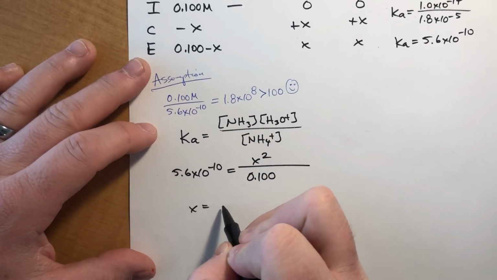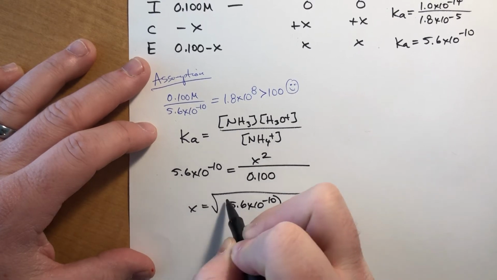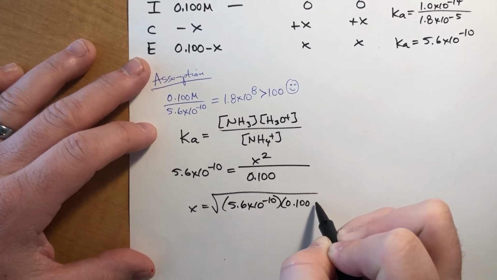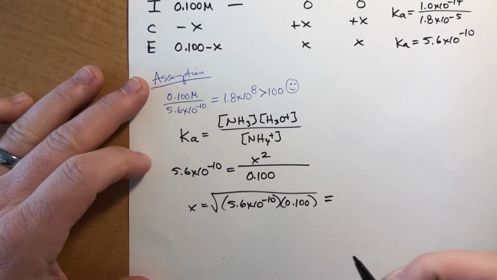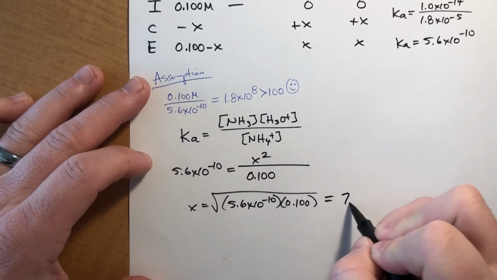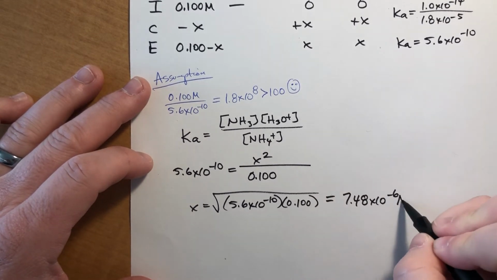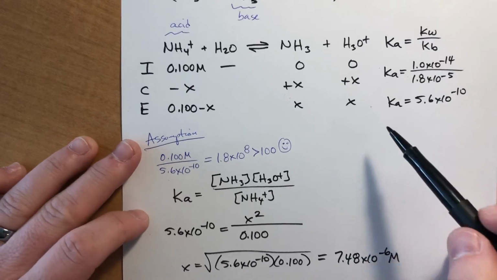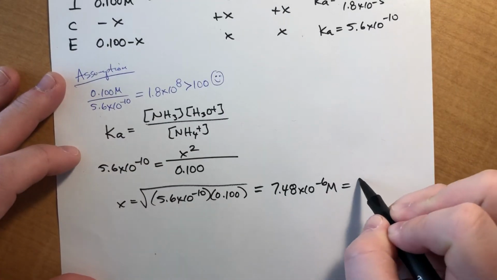So x is equal to the square root of 5.6 times 10 to the negative 10th times 0.100. And that answer comes out to a pretty small number, 7.48 times 10 to the negative 6th molar. And x is equal to the concentration of H3O plus.